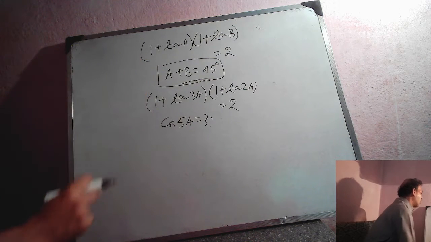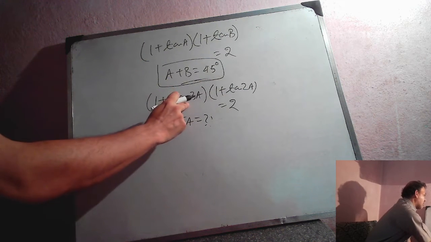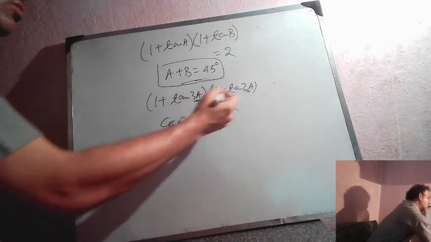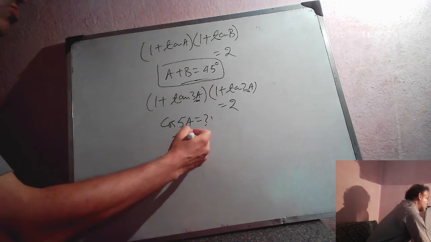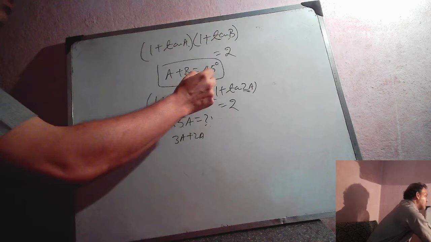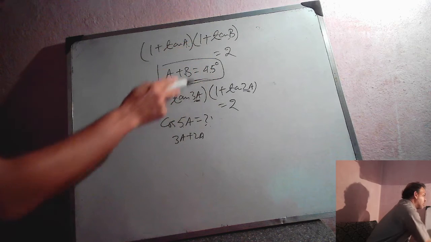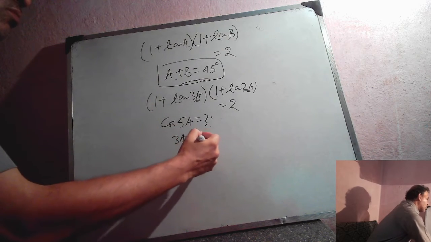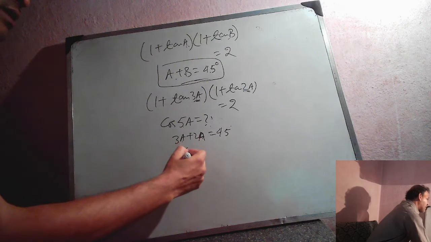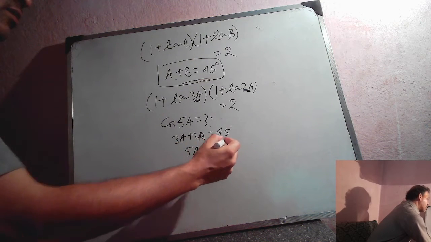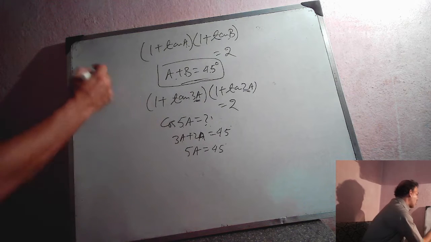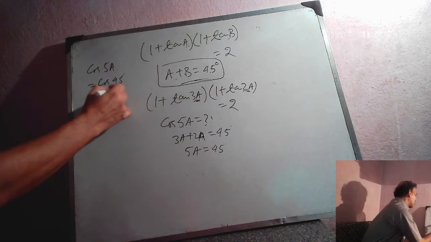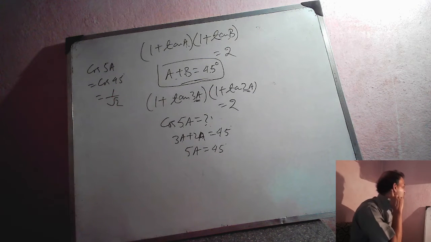Now we have the formula: whenever (1 + tan something)(1 + tan something) = 2, the sum of these two angles should be 45 degrees. Here A means 3A, B means 2A. So 3A + 2A = 5A = 45 degrees. We need cos 5A, so cos 5A = cos 45 degrees = 1 by root 2.